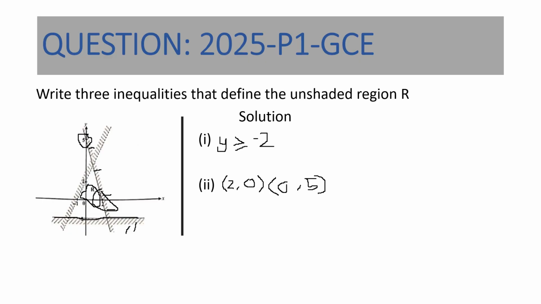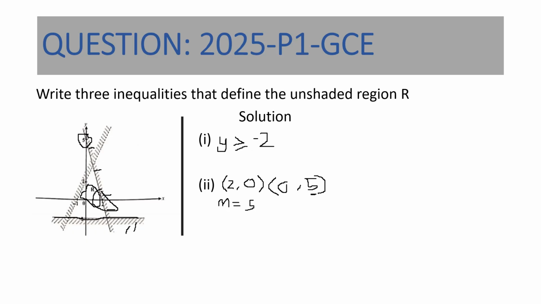And then to find the inequality for this one, first of all I have to find the gradient, and the formula for gradient is y2 minus y1 over x2 minus x1. So here my y2 will be the 5. So 5 would be my y2.